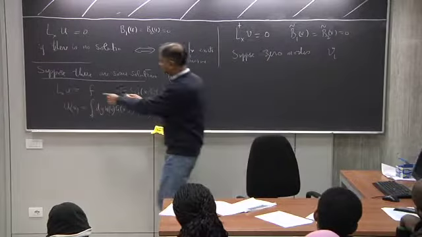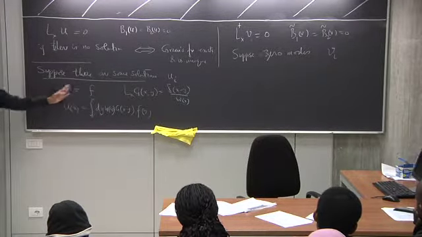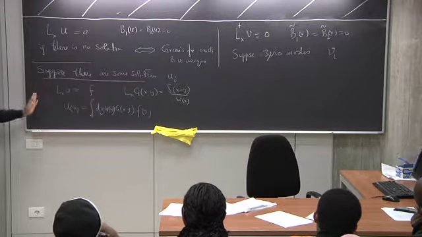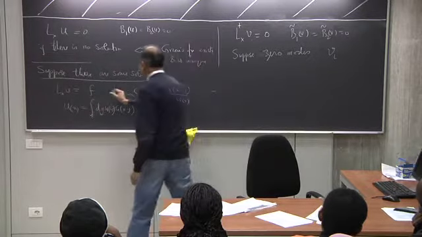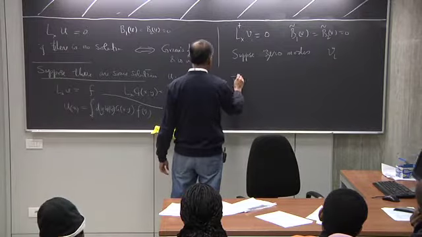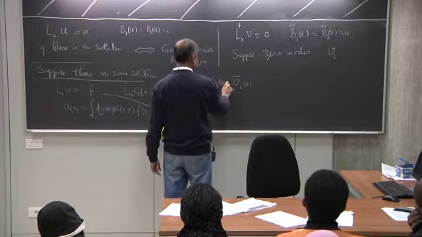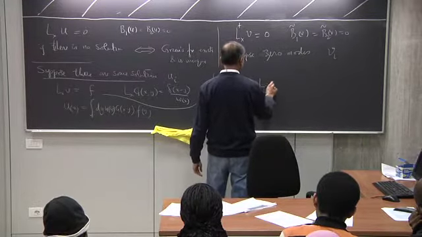Then let's consider this equation and let's take the scalar product of both sides with v_i. So from here, I just apply the scalar product: the integral dx w(x) v_i bar(x) times L_x u.